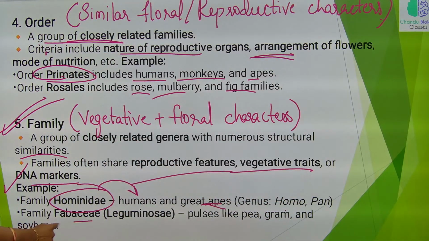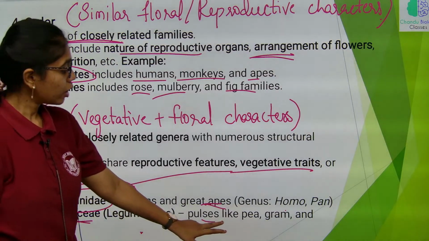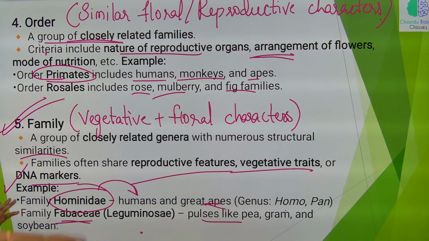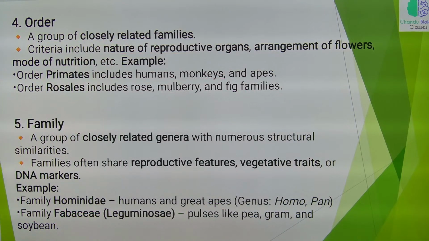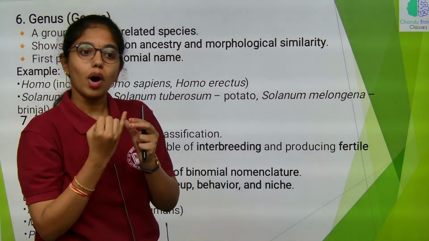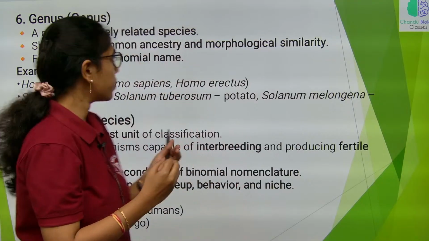Next family Fabaceae, which is also called Leguminosae, includes pulses like pea, gram and soybean. These are the examples. So, for each taxonomic category we need to highlight only 2 things: what are the common characters it is sharing and what are the examples of that. For that also I have given a nice table where in a single table we can recall everything. So, till family it is done, right?